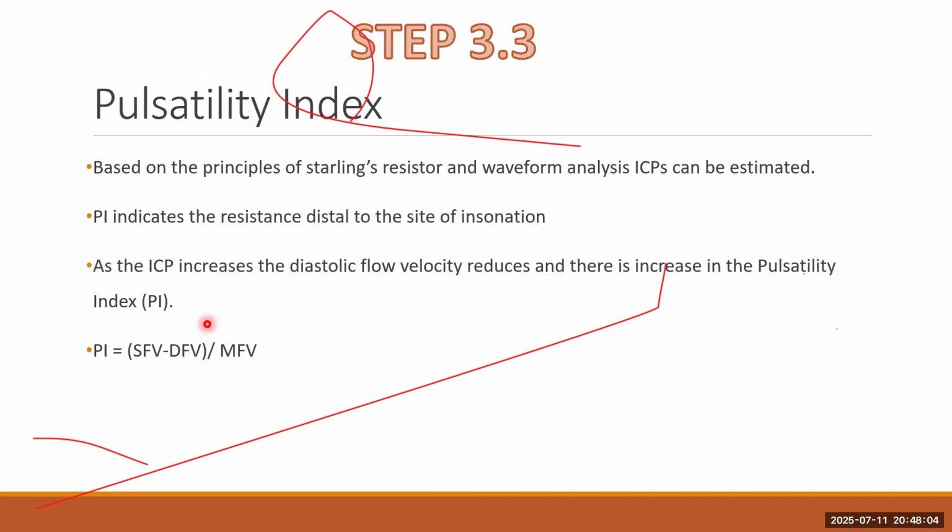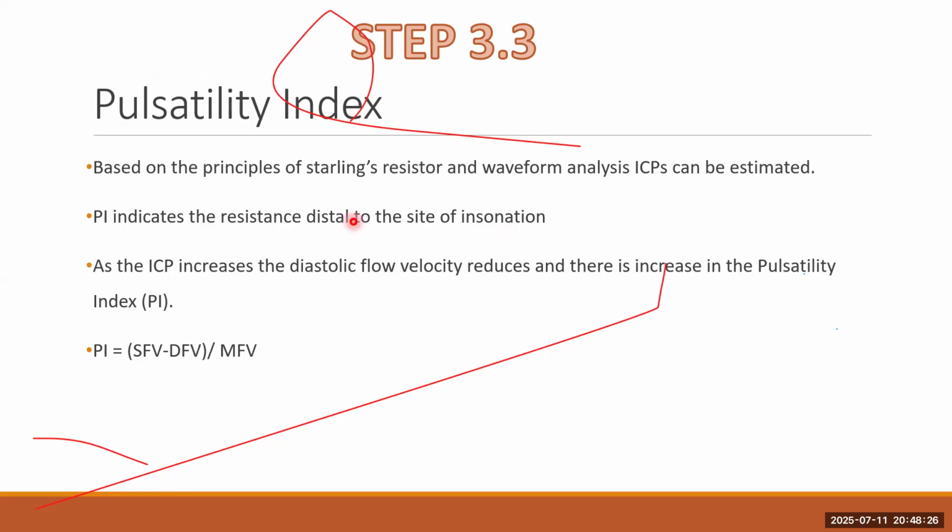So the final step is step 3.3, the pulsatility index, one of the most important indices which we need to remember. The PI as a rule of thumb indicates resistance distal to the site of lesion. If the lesion is proximal, we get a low resistive waveform, or the pulsatility index will be low.